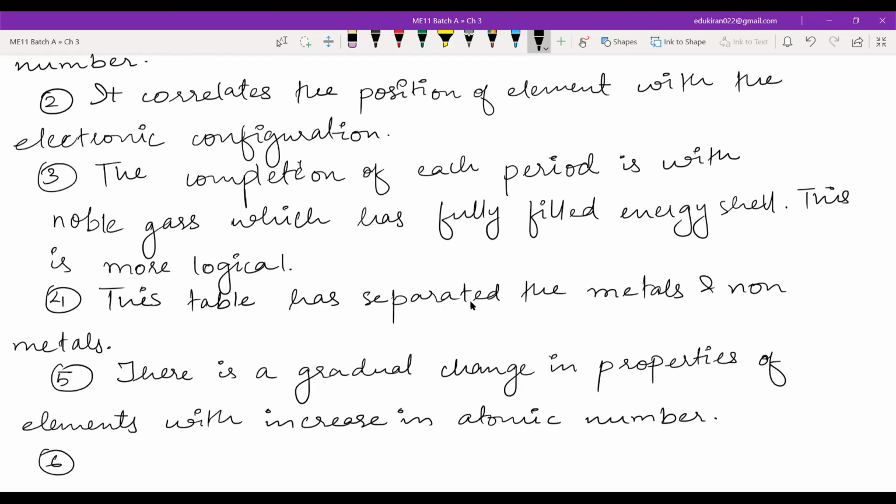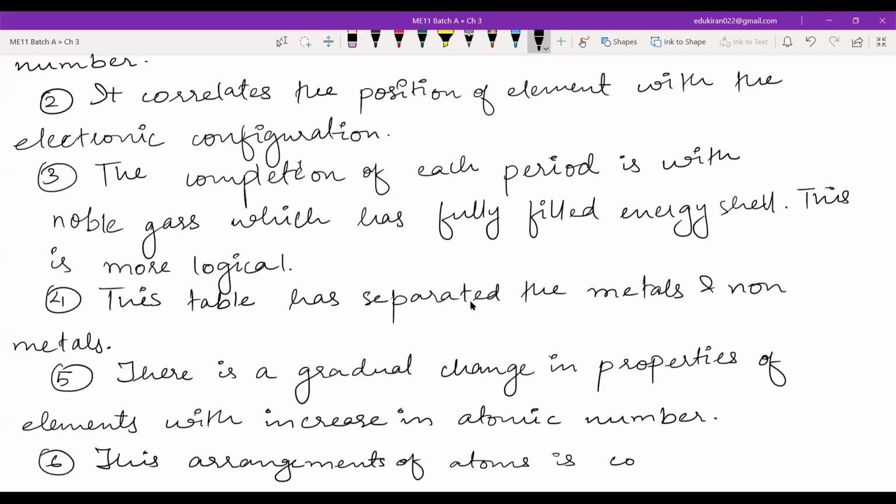With the sixth point, which is most important, this arrangement of atoms is easy to remember. Let me write comparatively easy to remember.